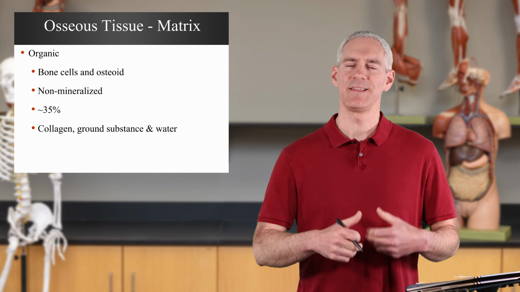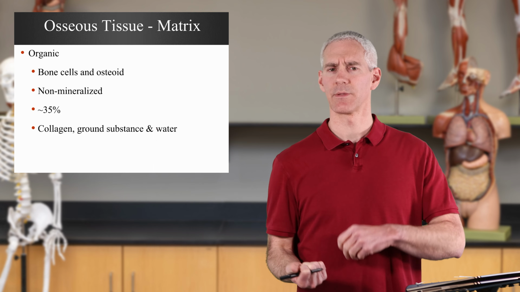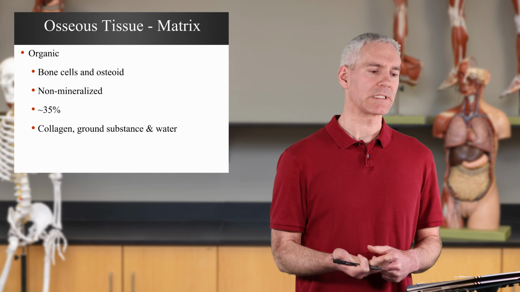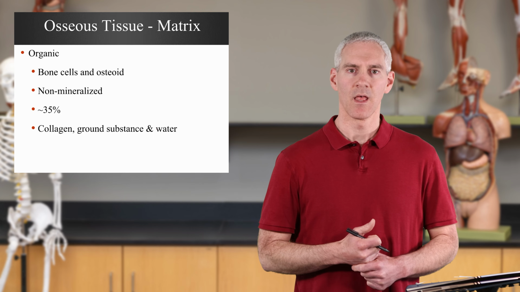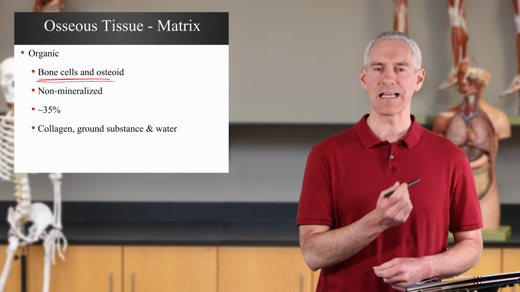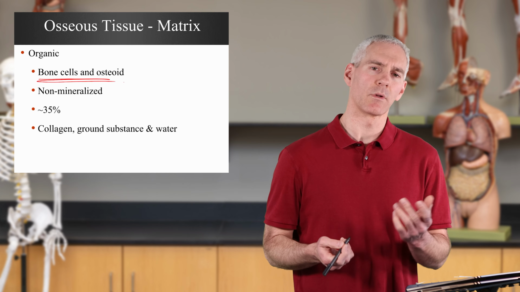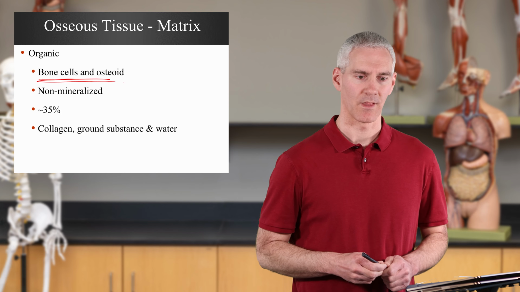So really, what is in this matrix I keep talking about? I keep talking about making the matrix, destroying the matrix. Well, the matrix is made up of organic and inorganic components. Now, the organic we can see as the bone cells and the osteoid. The osteoid, we'll learn later, is going to help with causing the mineralization of the bone.